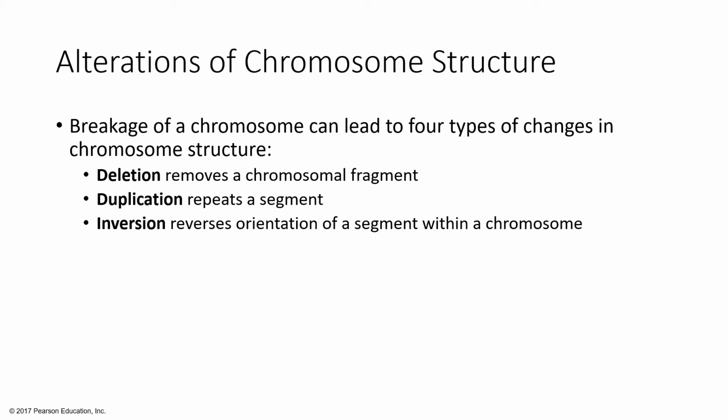Inversion. So you might remember that we read our DNA from the 5' to 3' direction. Well, what happens here is that normal 5' to 3' reading frame and its anti-parallel strand that runs with it, well, they reverse.